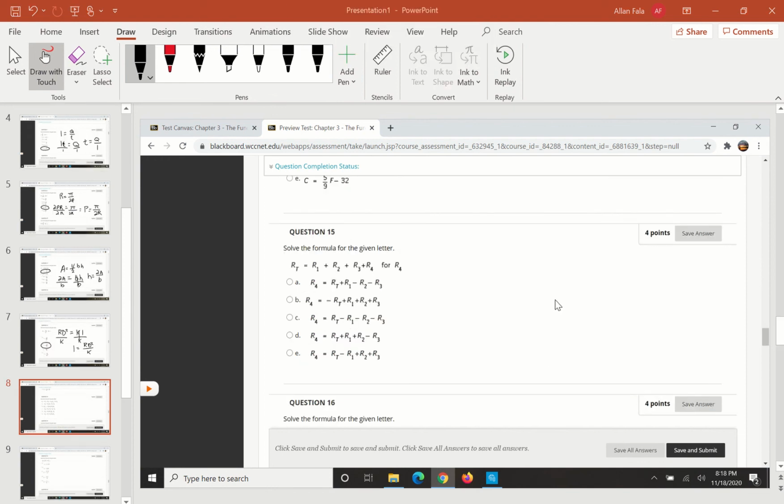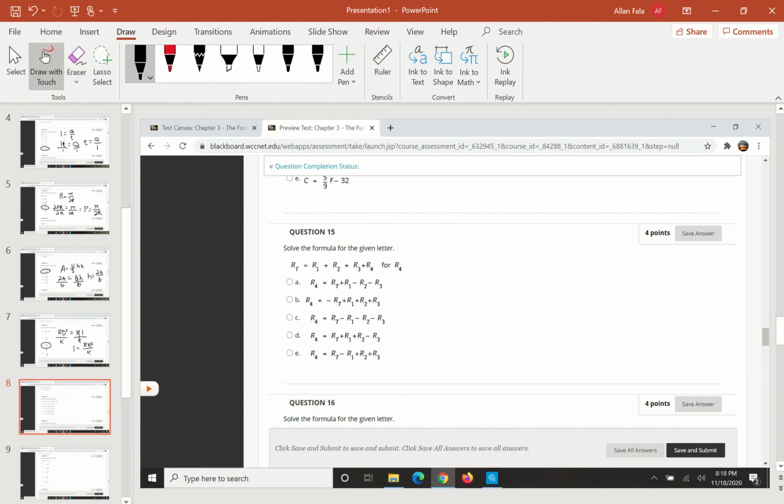Question number 15 is the formula for series resistors. R1 plus R2 plus R3 plus R4 is equal to R total. And we're going to find for R4, since we have RT, we need to subtract from RT. Let me start this over here.